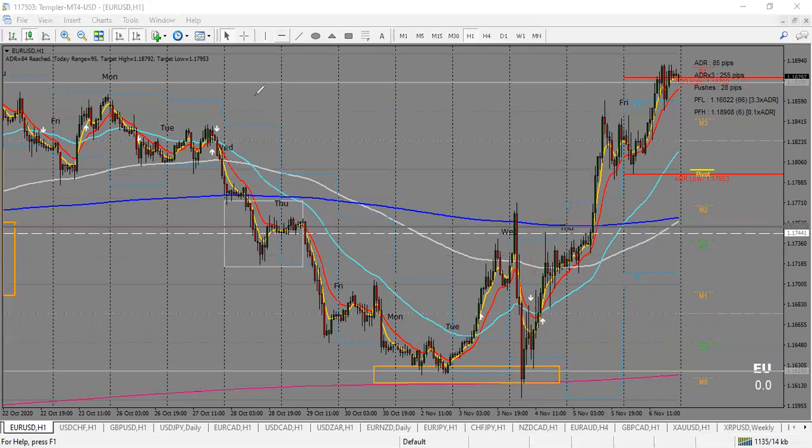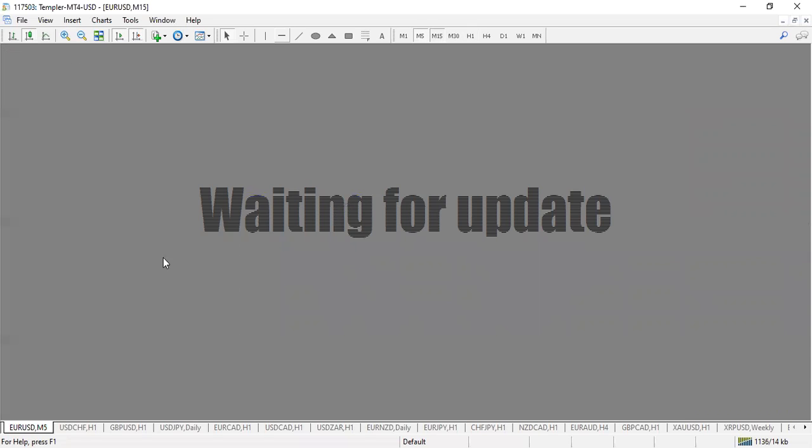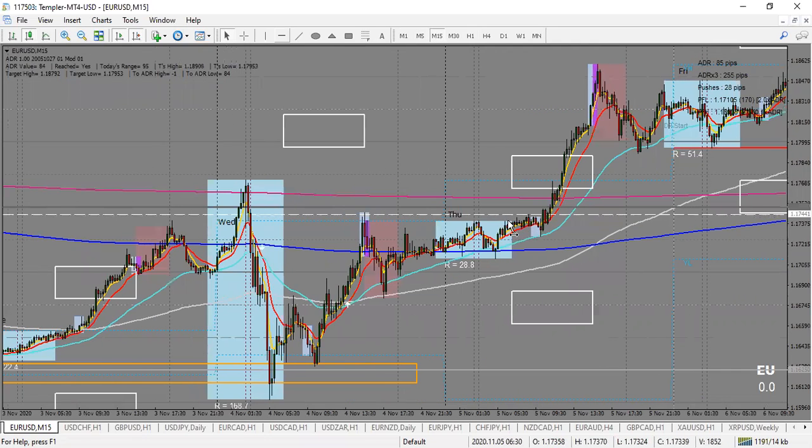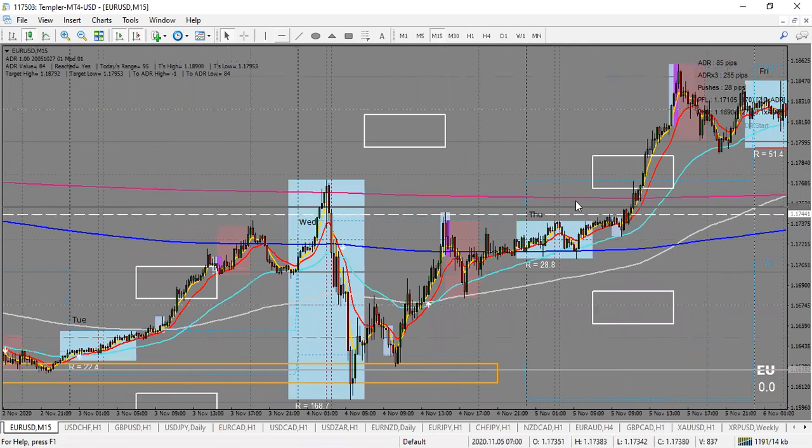Now let us go to the 15 minutes time frame and look at a few entries that presented themselves. We had a peak entry on Wednesday, with a clear W around the blue tracer, and there is where we have our entry. Then we had an ID50 trade here, and around the Asian range we had a blueberry trade.